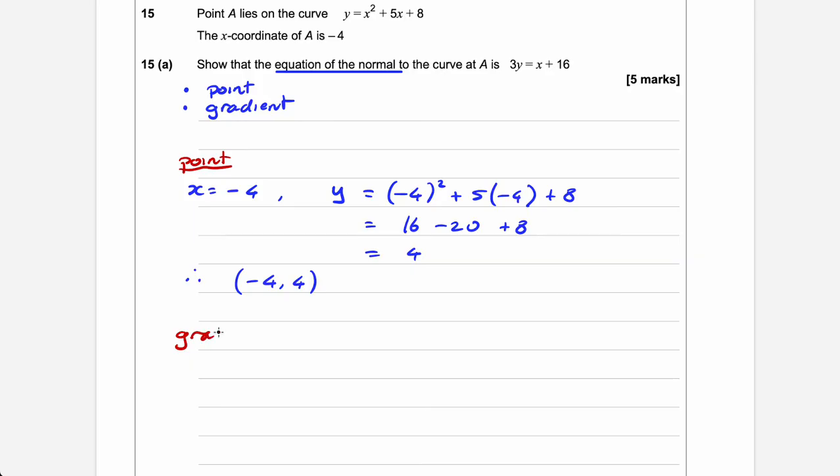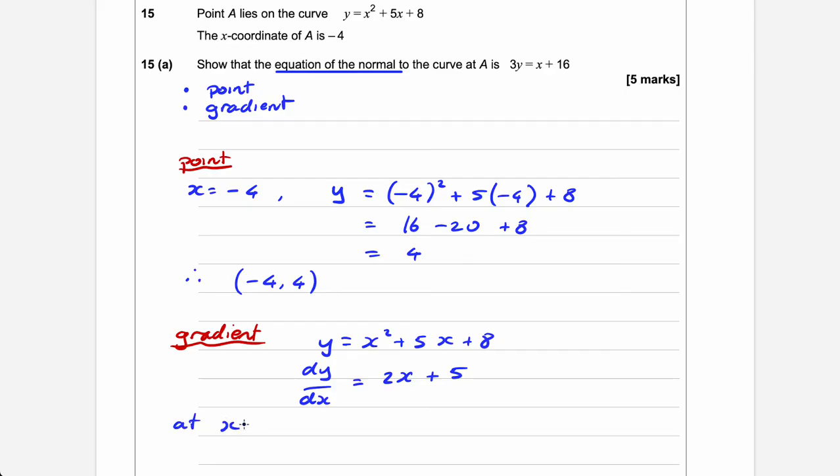Gradient. Next thing I need is the gradient. Okay, to find the gradient, I do the derivative, right? So if y is equal to x squared plus 5x plus 8, the gradient of the tangent, be careful, we find from the derivative. The derivative is 2x, 2 times 1 is 2, and then subtract 1 from the power, and the 5x just becomes 5, the 8 disappears. The derivative is 2x plus 5.